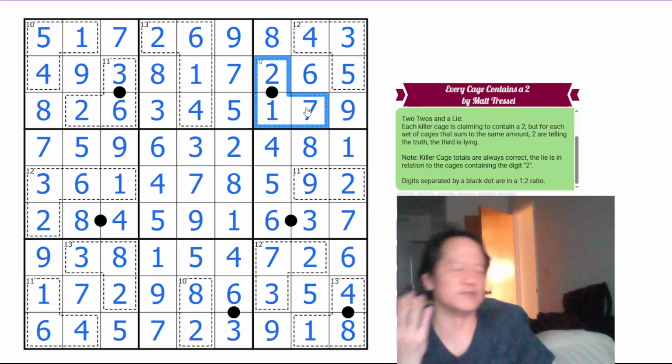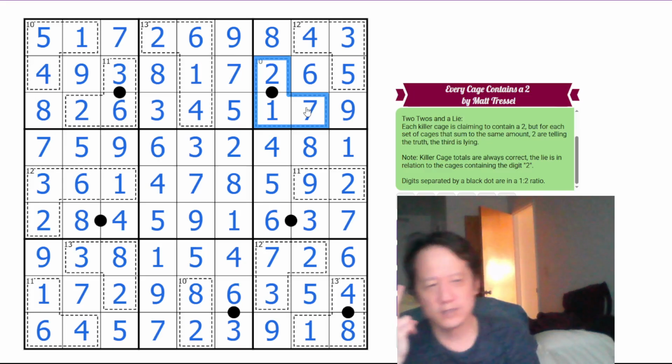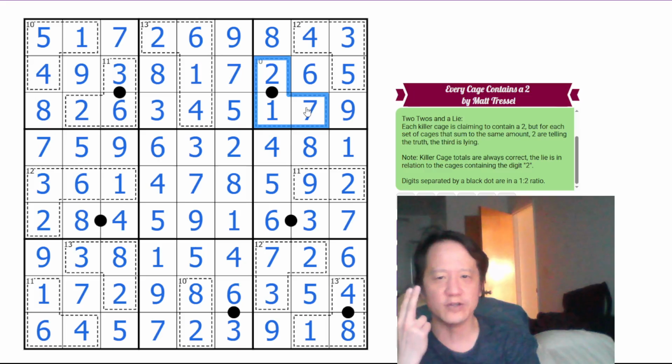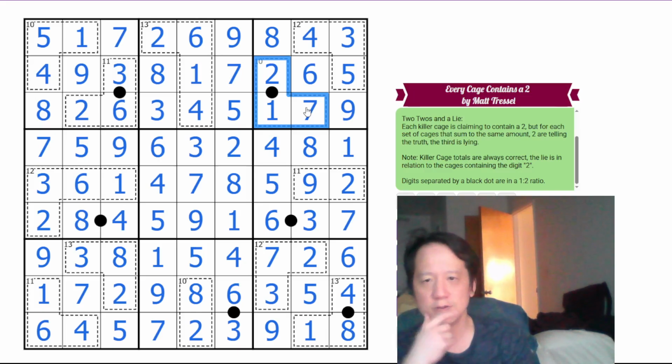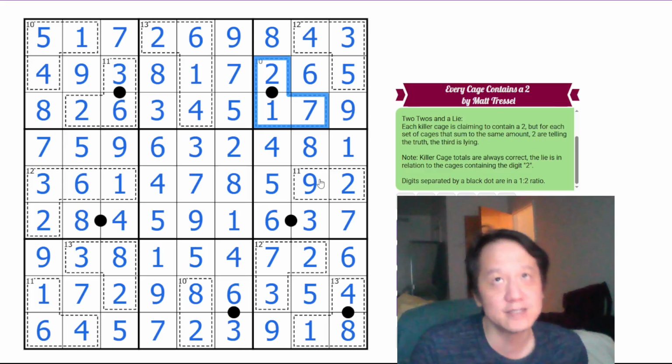I don't even know if there's any name for it, but you do see this kind of often where you have two for a rule set. You have essentially two of them satisfy the rule, and then one is not satisfying the rule. And you have to determine which one's which. So this was a nice introduction to that rule set. It's not used that often, but you see it every now and then, so it's good to know.